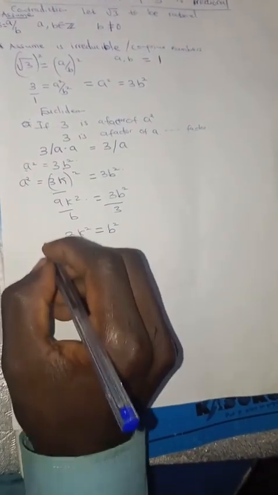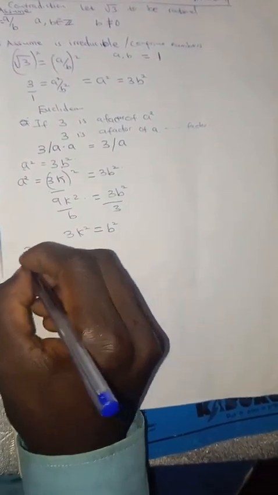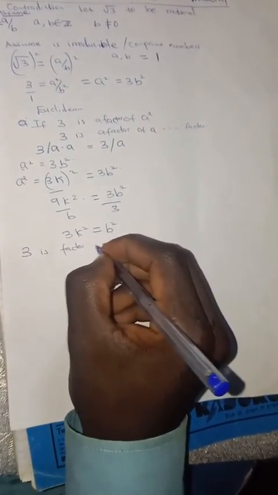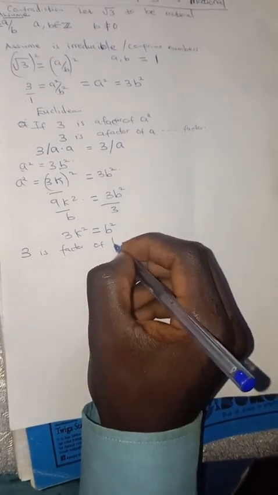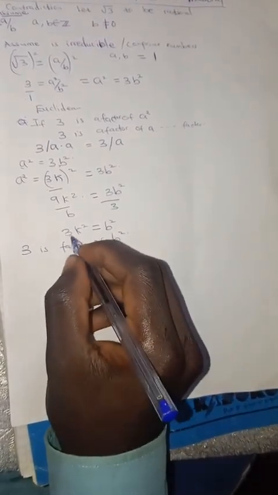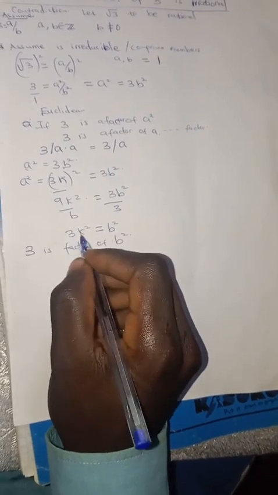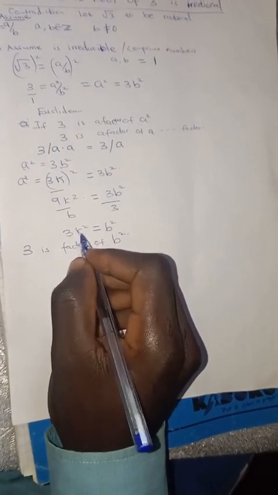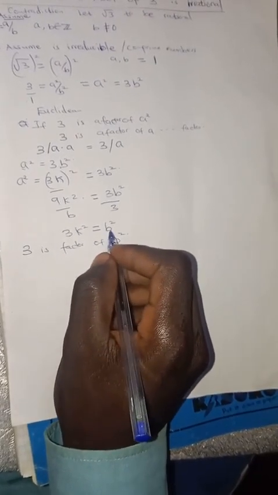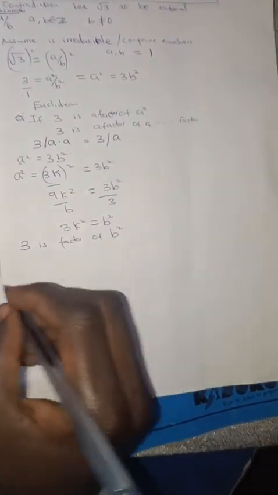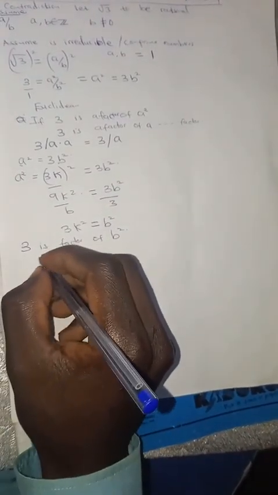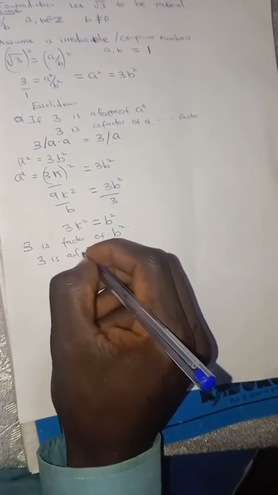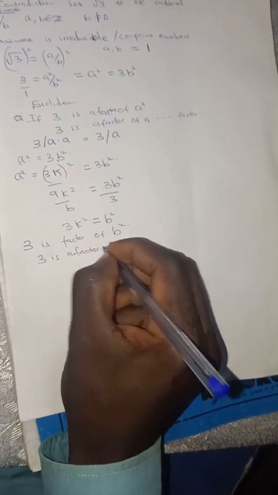Again, it means that 3 is a factor of b squared, because 3 multiplied by an integer k squared gives b squared, which also says by the Euclidean rule that 3 is a factor of b.